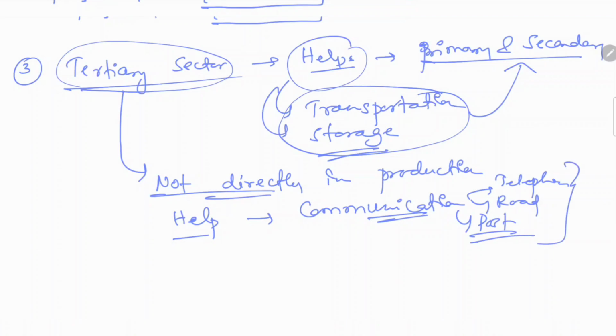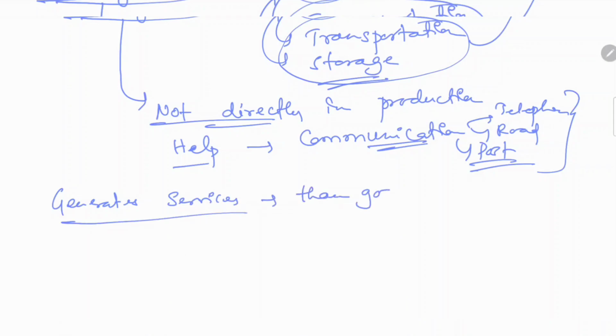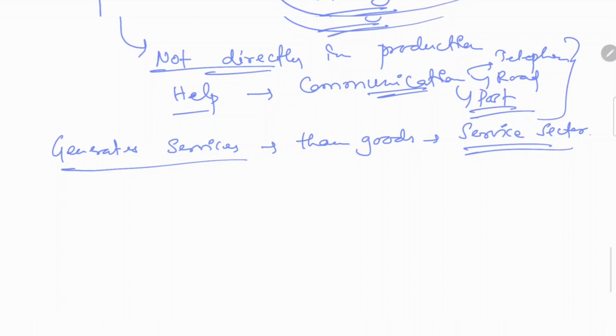All such activities which indirectly help the primary and secondary can be grouped into the tertiary sector. And since this sector generates services rather than goods, it is also called the service sector. So these are the three types based on the type of activity.